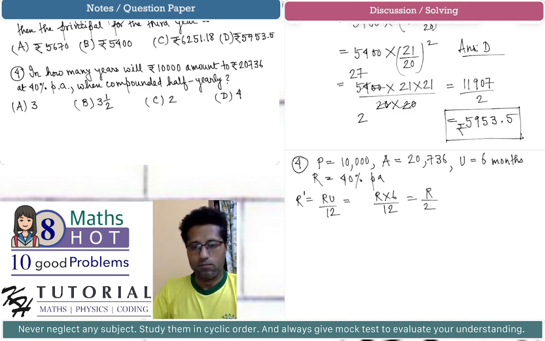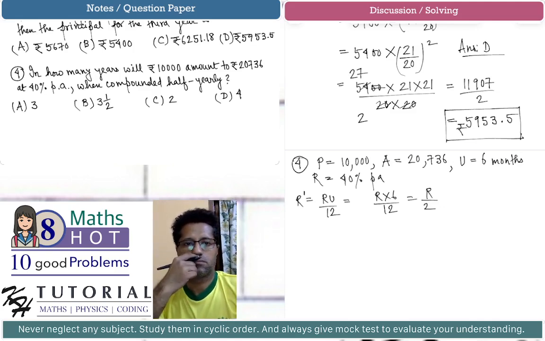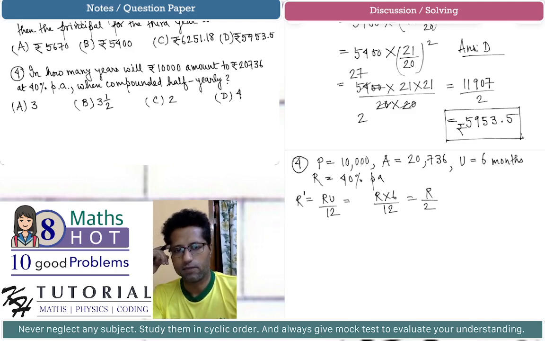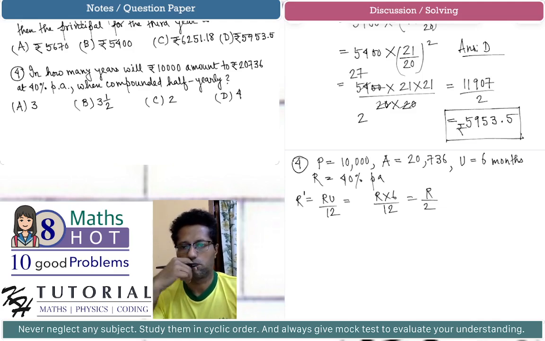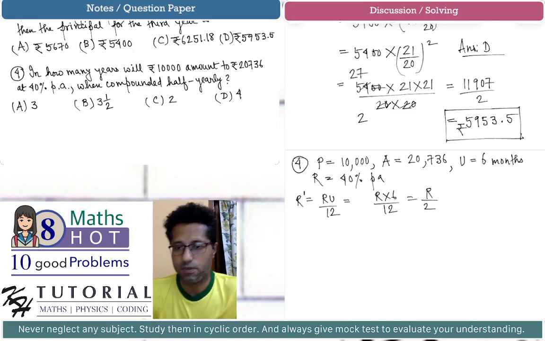And so the general formula is, when compounded half yearly: whenever you're asked to find the time period, that is T, it is better that you assume the number of years will be an integer, so that you can consider the fraction a by b as 0.